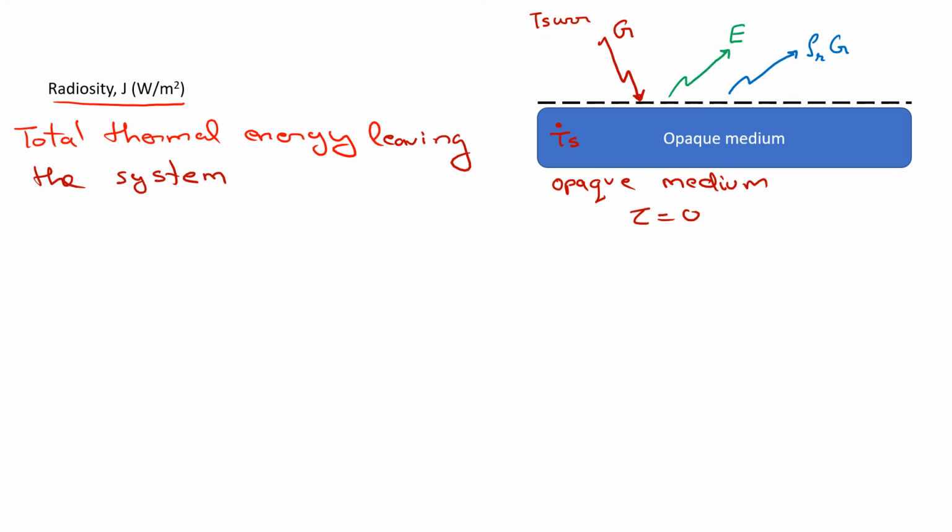So E is the radiation that is emitted by the surface.